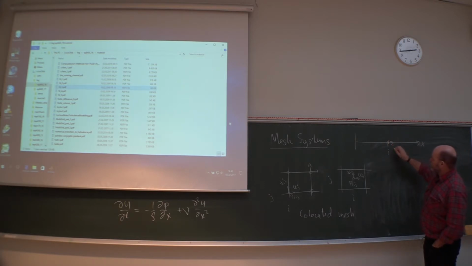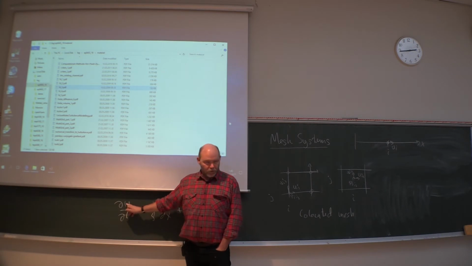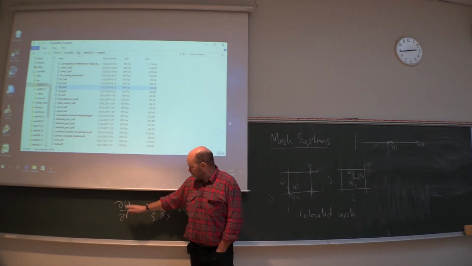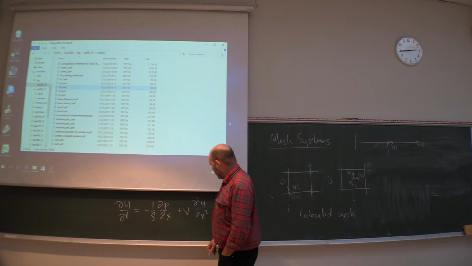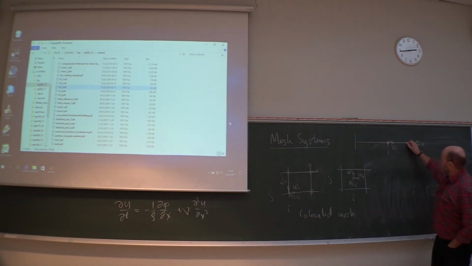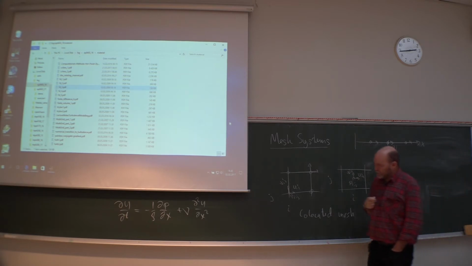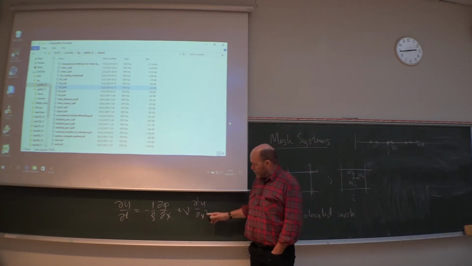One velocity here, that's my u_I, which is entering here for the new and the old one, divided by delta t. Here I need a double derivative. That means I'm going to need my closest neighbors as well. I need these two, I plus 1 and I minus 1, to construct a double derivative.